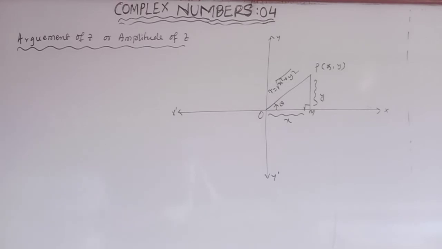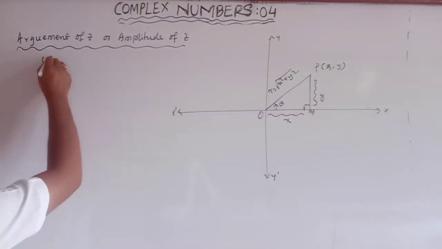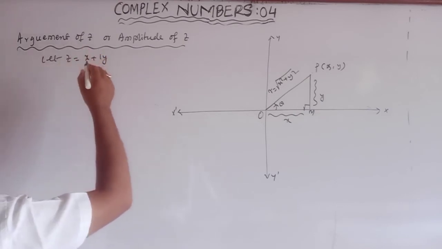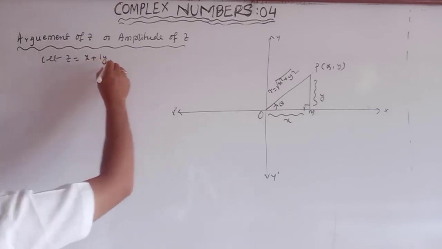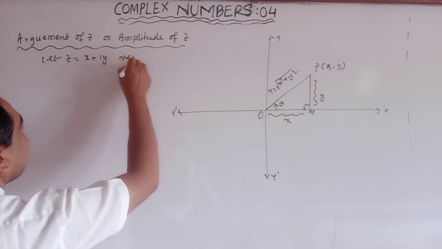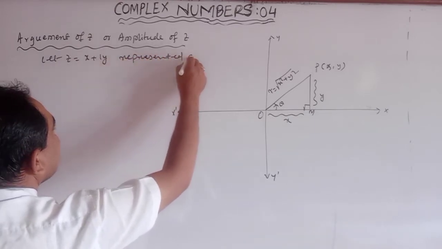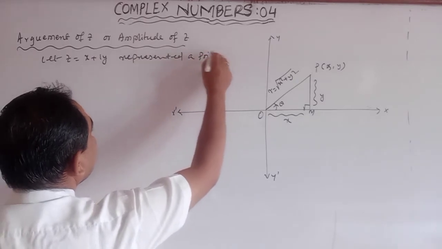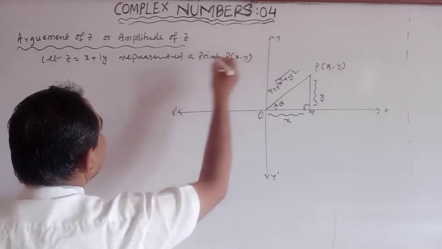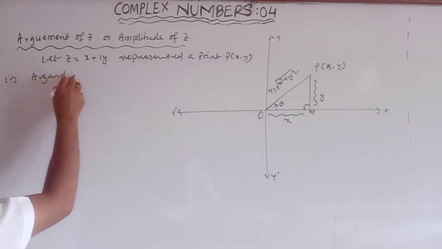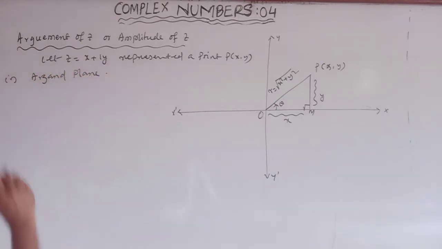Let z is equal to x plus iy, represented a point P bracket x comma y in Argand plane.